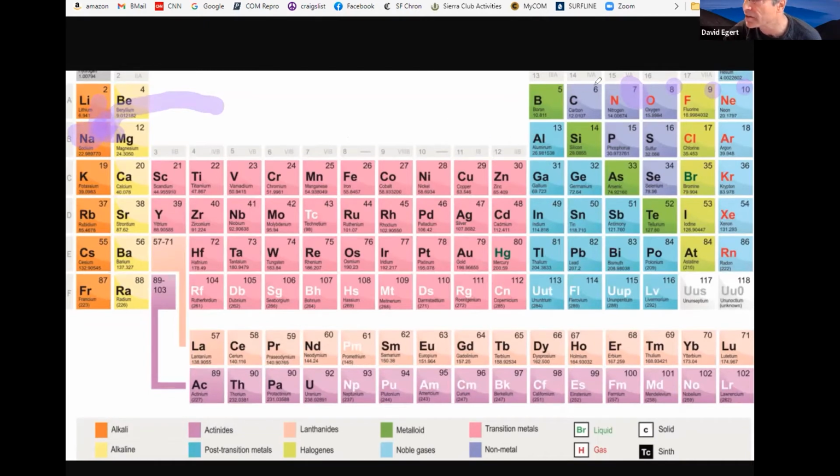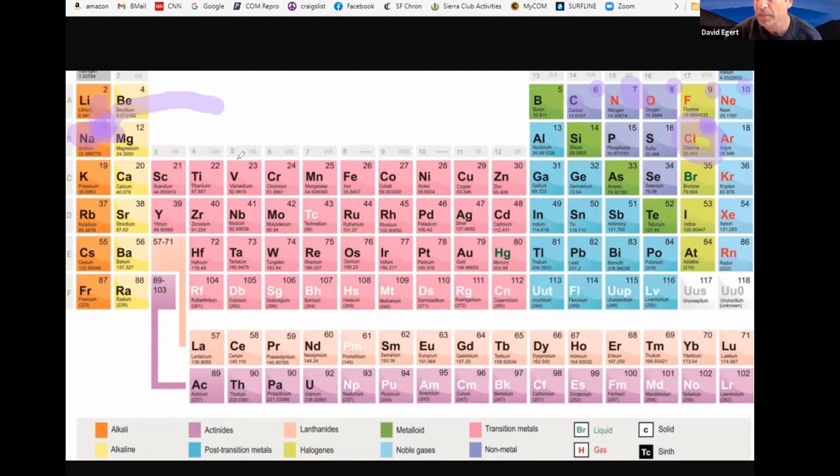If it has 6 protons, it is a carbon, no matter what else. If it has 17 protons, it is a chlorine, no matter what else. So the defining thing that makes it one element or another is just how many protons it has.